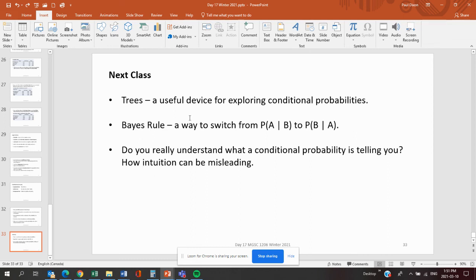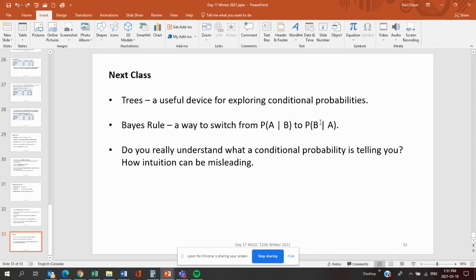So in the next class, I'm going to use trees. I've mentioned them. It's a way of exploring conditional probabilities when you're given that information at the outset. I'm going to use a formula called Bayes' rule that switches A given B to B given A. But again, we don't need formulas and rules.